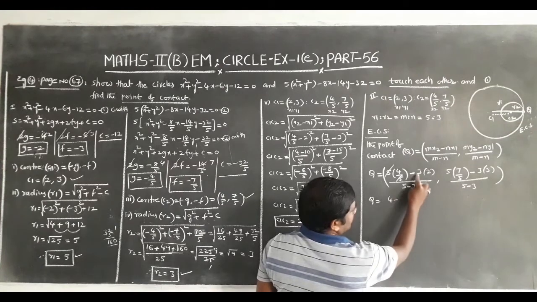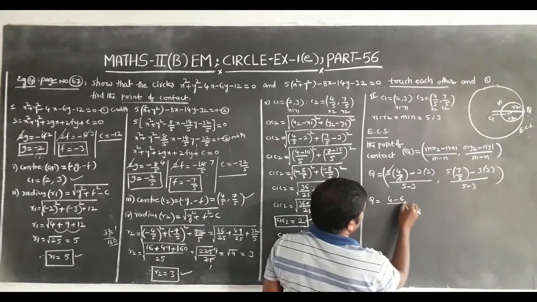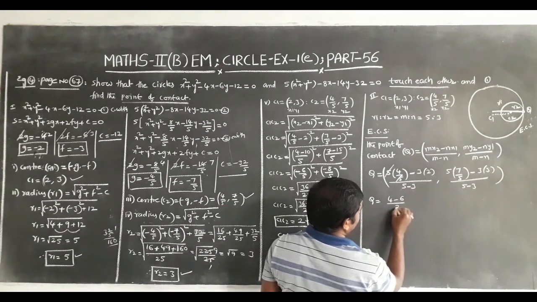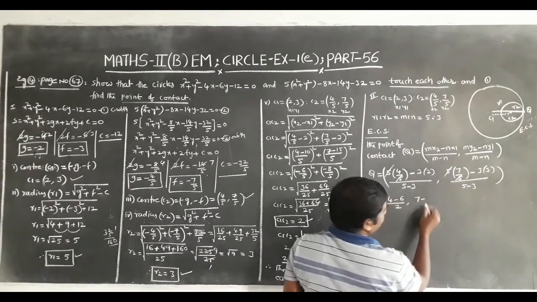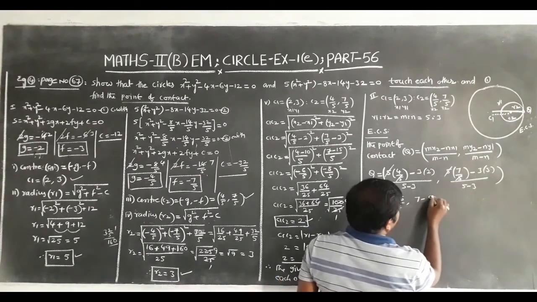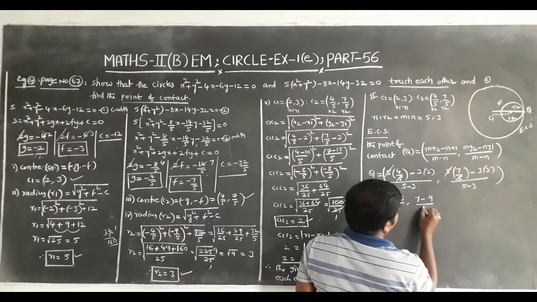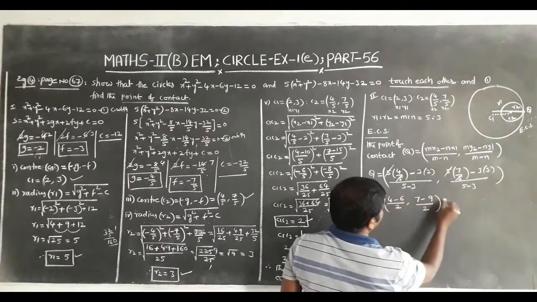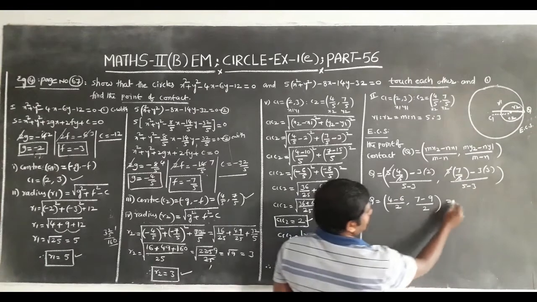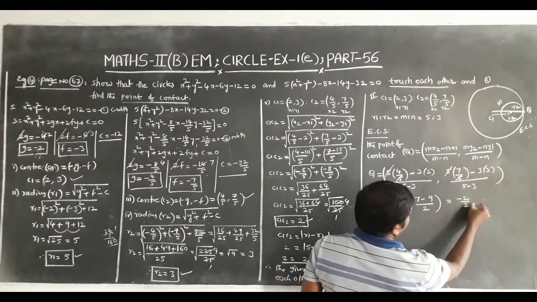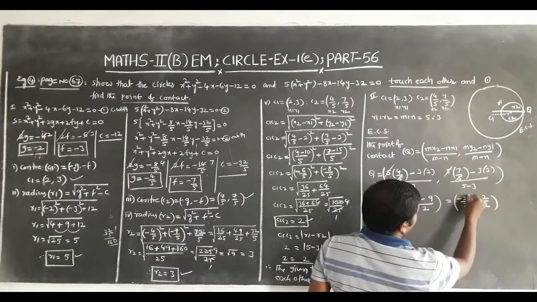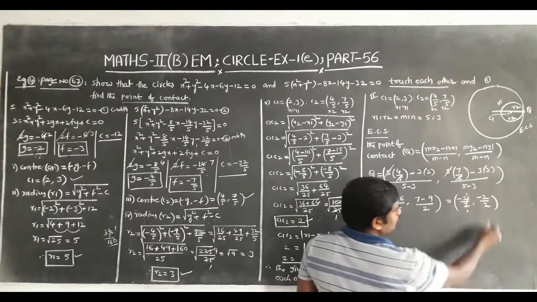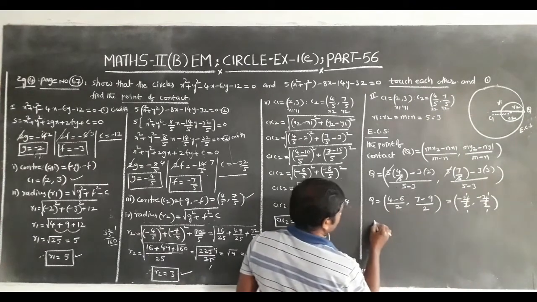Q is equal to: the 5s cancel, 4 minus 3 times 2, that is 6, by 5 minus 3, 2. The 5s cancel, 7 minus 3 times 3, that is 9, by 5 minus 3, 2. That is (4 minus 6) by 2, (7 minus 9) by 2, which is minus 2 by 2, minus 2 by 2.